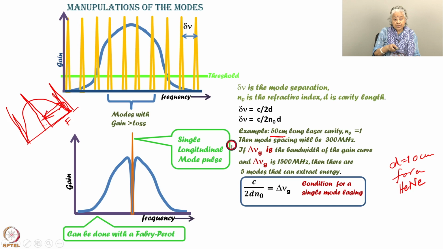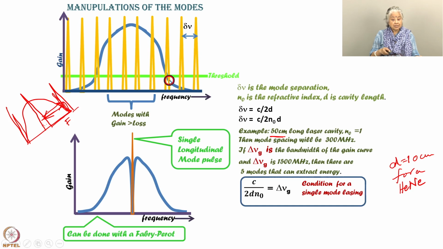Another method could be, all these frequencies are within the resonator cavity. You make the mirror such that you give it some coating so that the reflectivity of these modes is very low. So, they do not come back into the medium. Maybe that could be one possibility if you are able to make a mirror with that reflectivity.